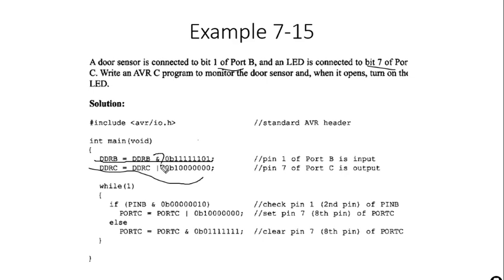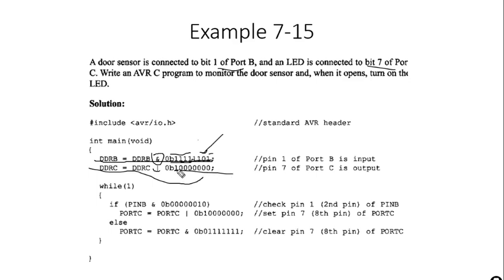We performed AND operation with a byte which has all ones except at the position where we want to clear the bit. So all these will remain unchanged and the bit at position 1 will be cleared, and thus it is for input. For DDRC, we have to make bit 7 an output. That is why we performed OR operation with this byte.